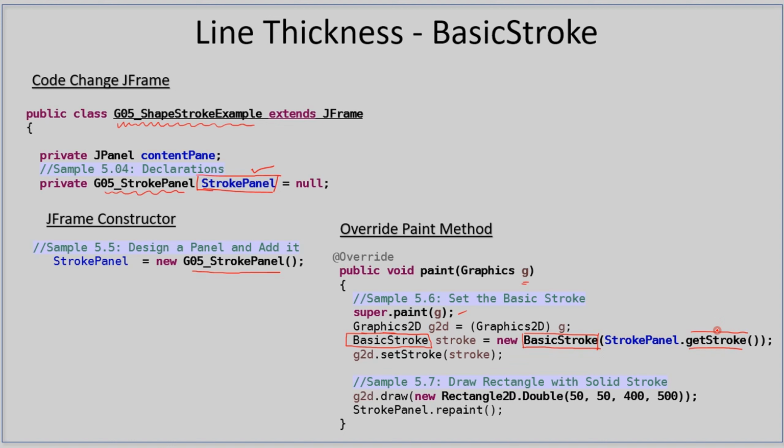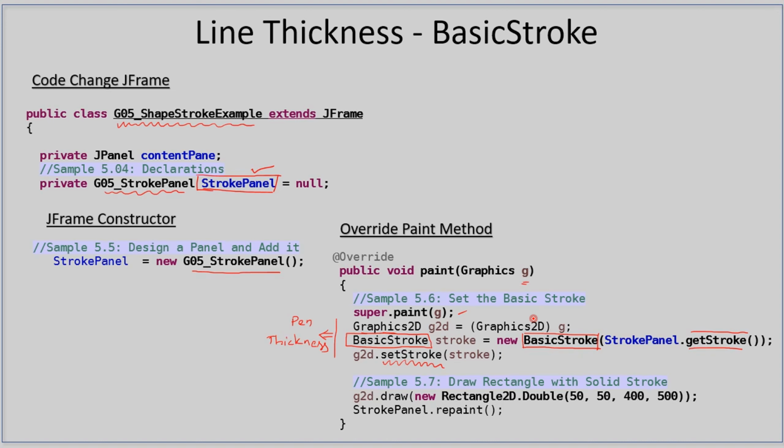So this is a getter method on the stroke member, right? So it will retrieve the stroke, and that retrieved information is used to construct the BasicStroke object. Once the BasicStroke is constructed, we make a call to the setStroke method on the Graphics2D object. So this defines pen thickness.